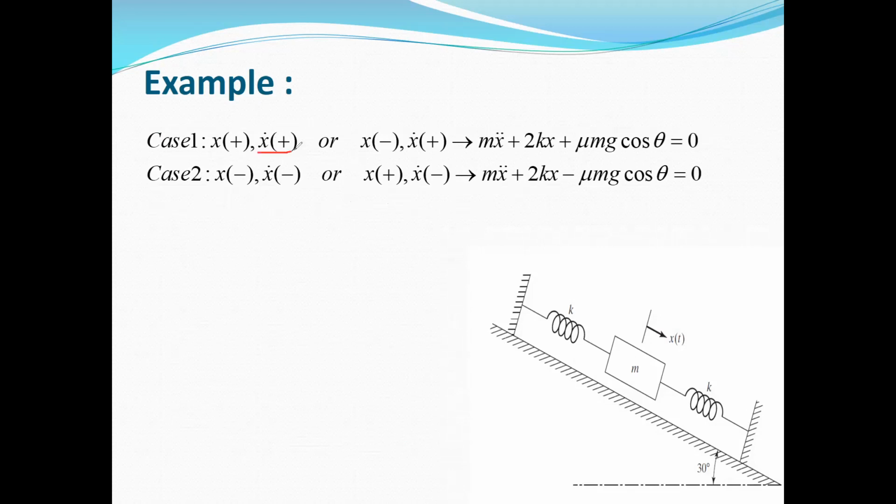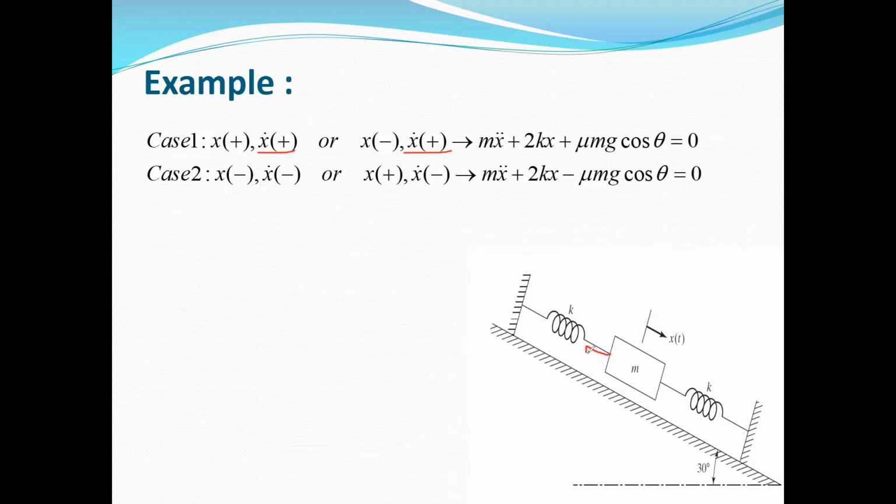As you can see, when x dot is positive, x can be positive or negative. The equation of motion for this case is m x double dot plus 2kx plus mu mg cosine theta is equal to 0.